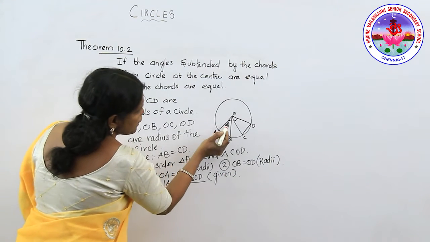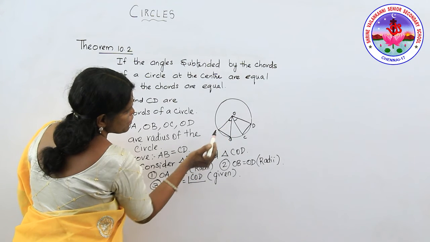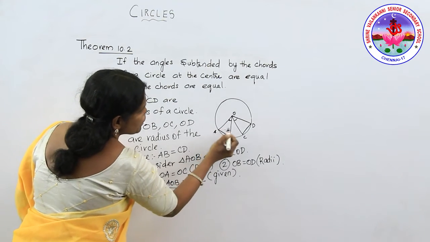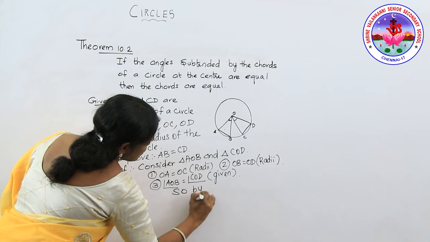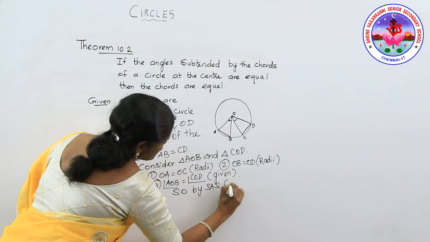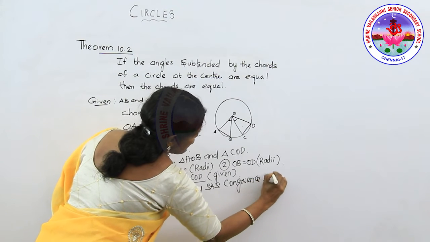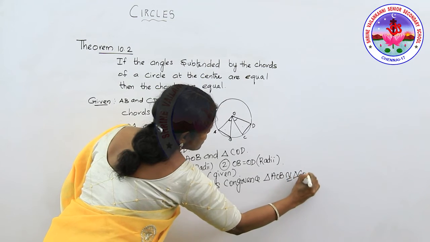So I find that the angle is included between the two sides. So I can use SAS congruence here to prove the two triangles are congruent. So by SAS congruence, triangle AOB is congruent to triangle COD.